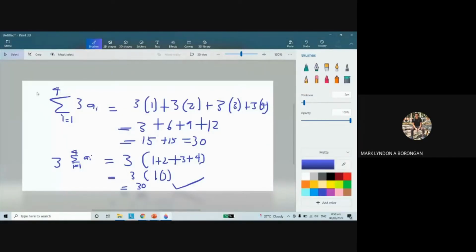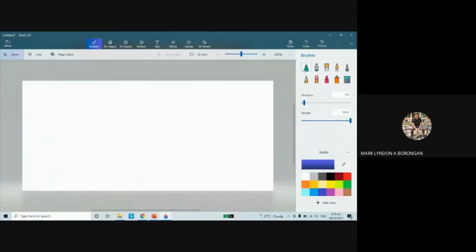Say for example, the summation of 2i plus 1, from 1 up to 2.